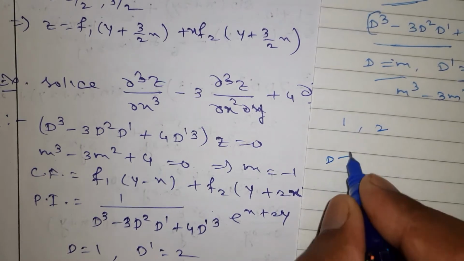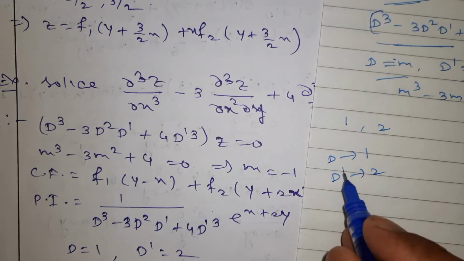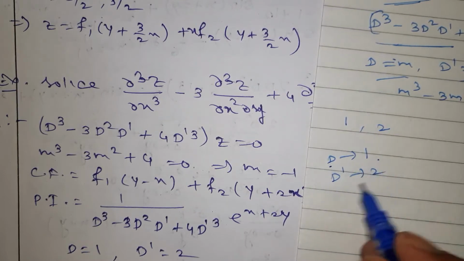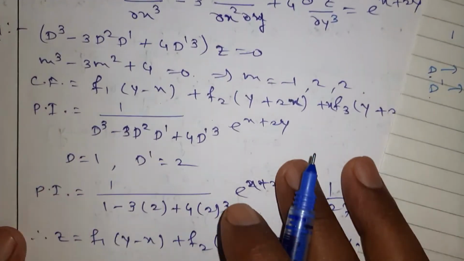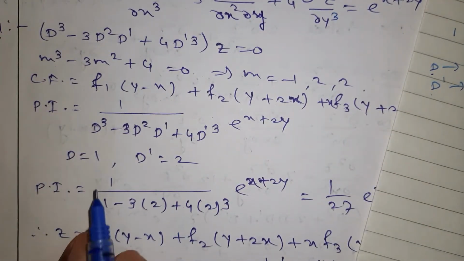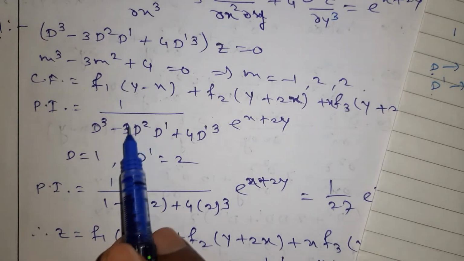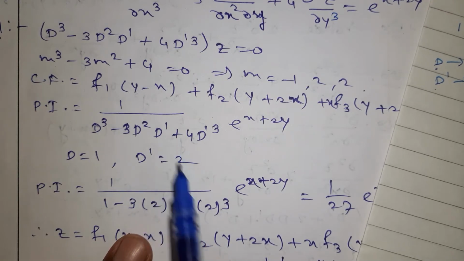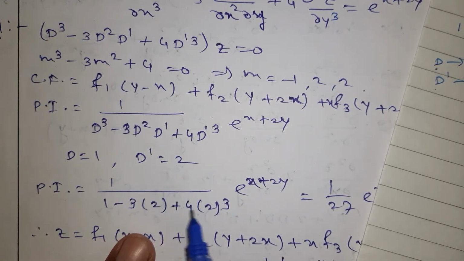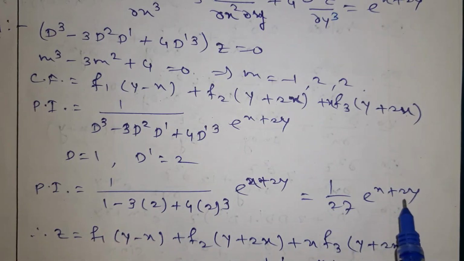So replace D by 1 and D' by 2. Do your calculation: 1/(1³ − 3·1²·2 + 4·2³). D' cubed means 2 cubed. Simplify, you will get the answer 1/27 e^(x+2y).